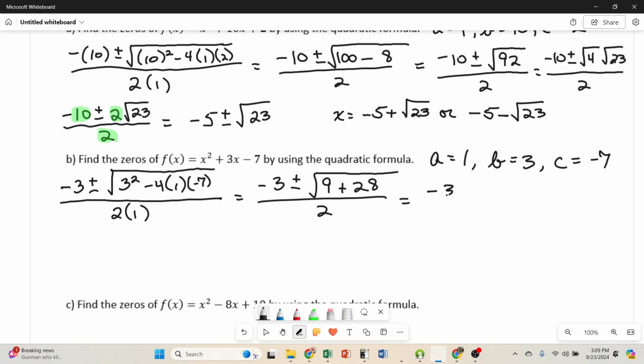So my answer here is negative 3 plus or minus 9 plus 28 is 37, the square root of 37, which is a prime number, all over 2. This would be our final answer. We can't simplify it any further, so we stop. This would be negative 3 plus or minus the square root of 37 over 2.